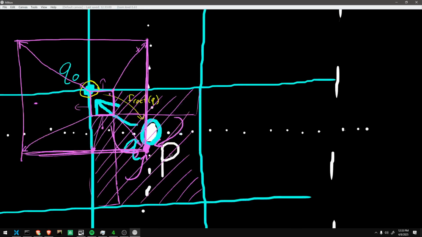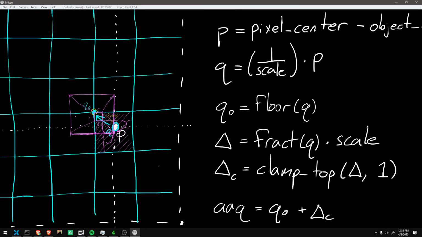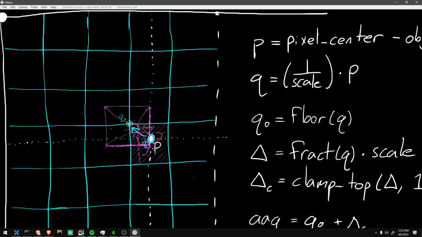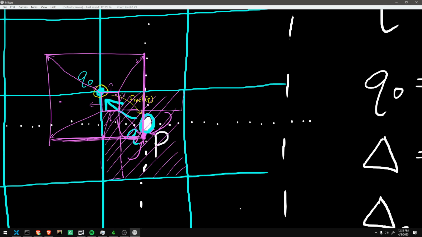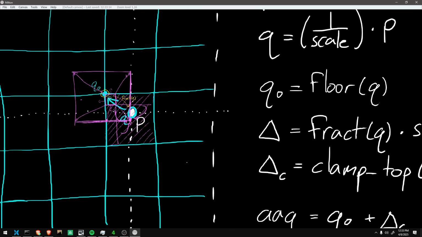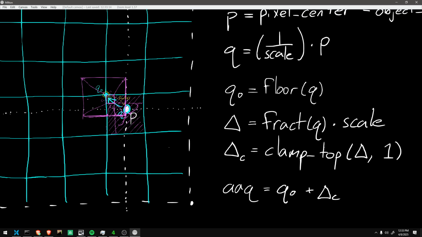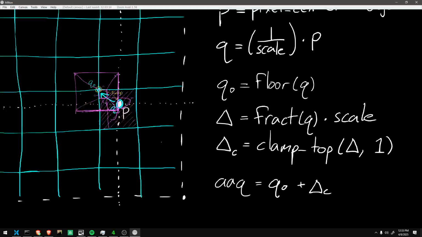Really what's happening is points inside this pixel are first being scaled up so that they are... So Q plus delta would be a point in this texel. No. I'm getting a little bit confused here. What is happening? Q naught is here.